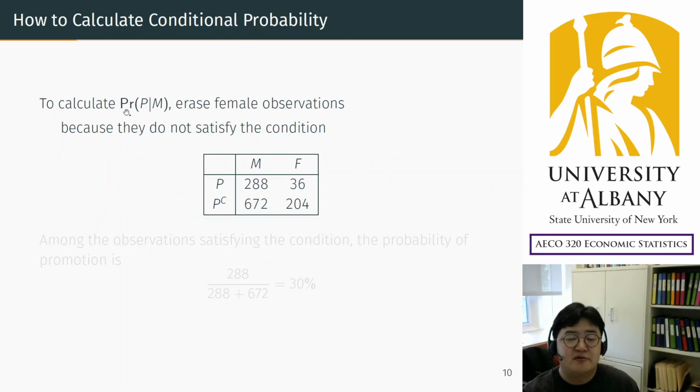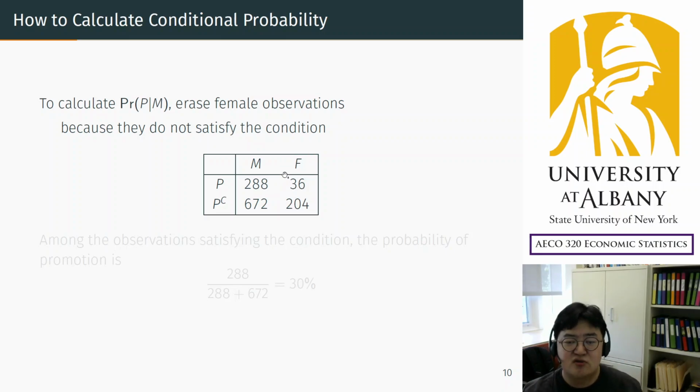Like, for example, think about calculation of probability of promotion given male, right? So if you randomly choose one male candidate, what is the probability of promotion? What I'm going to do here is I will simply erase female observations.